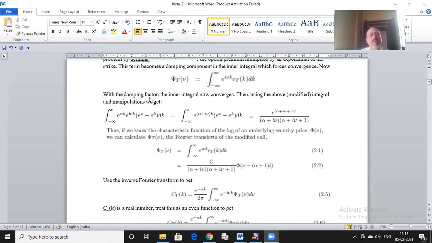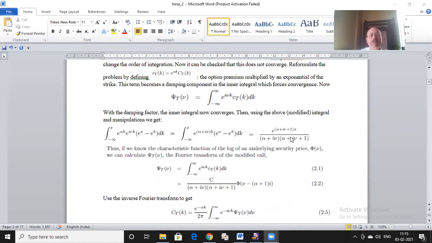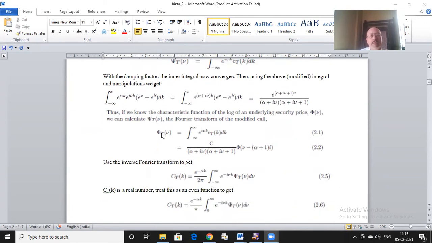We show that with that damping factor, the integral actually converges. That was the purpose of the damping factor. Then we can evaluate the characteristic function for the modified call price, like equation 2.2. From that, we can recover the call price, because it's a real number, using this even function argument. The final result is given by equation 2.6.